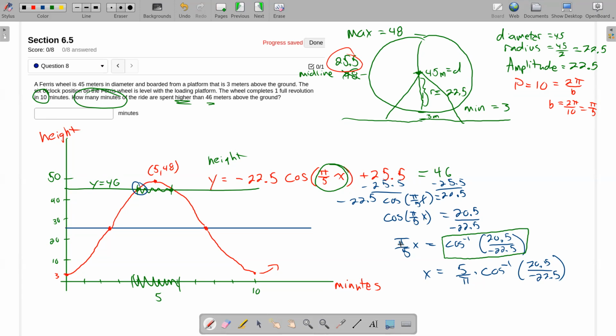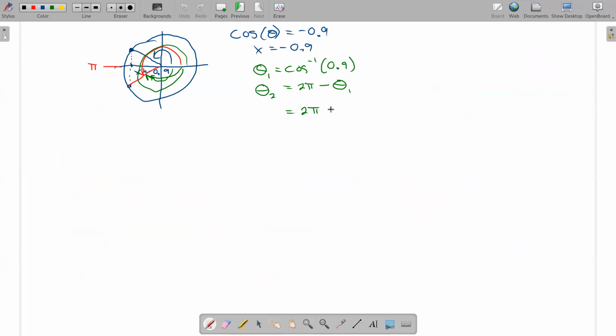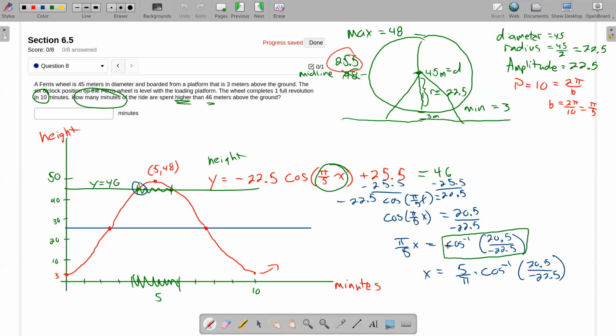And then I adjust by the period. So my second angle is going to be 2 pi minus the cosine inverse of 20.5 over -22.5, and then we adjust that whole thing with the new period by multiplying by 5 over pi. That was our next step after finding the arc cosine, so that should be that next number right there.